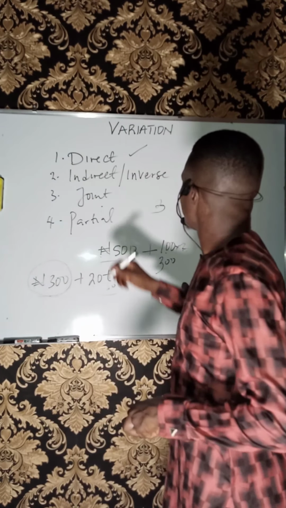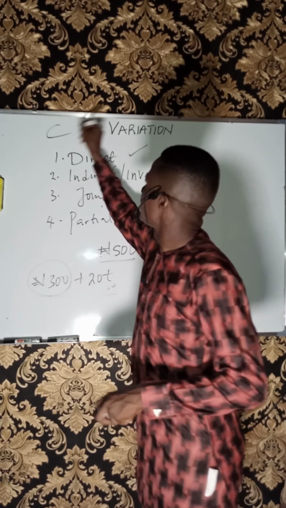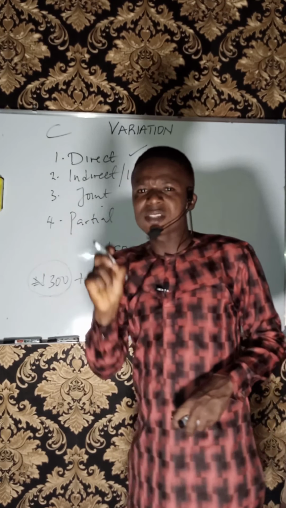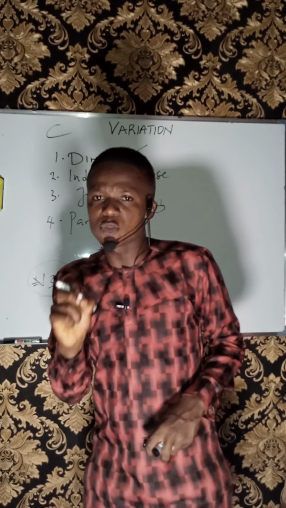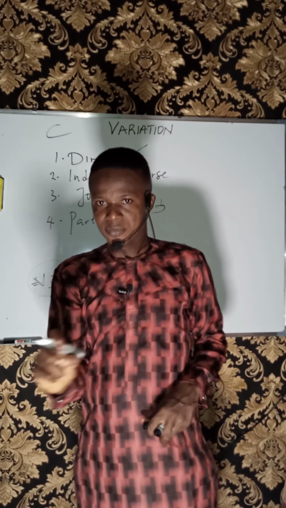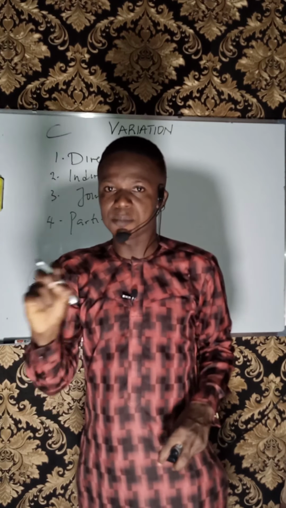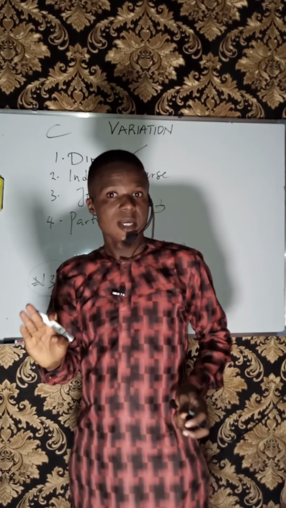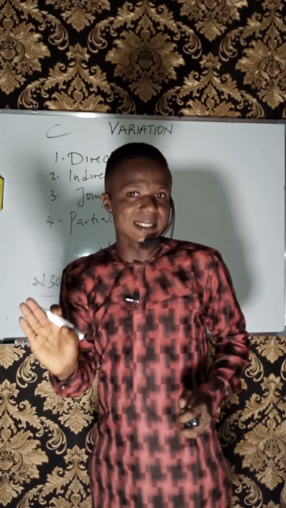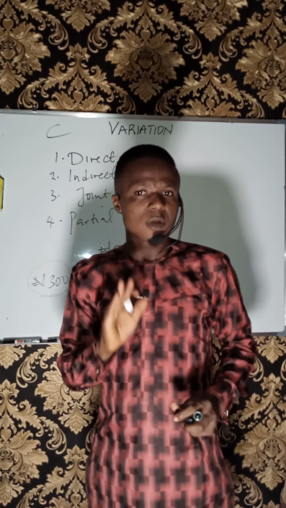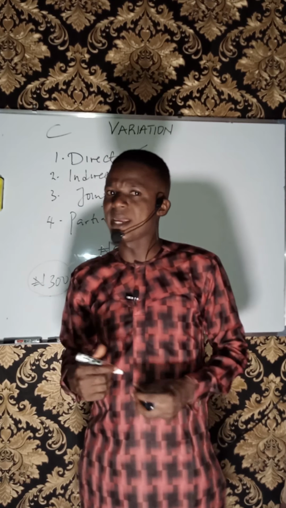We normally represent the constant in variation with letter C. The constant is just the quantity that will remain unchanged for the relationship that exists between two quantities to hold. If this constant changes, the relationship between the two quantities will no longer hold again.